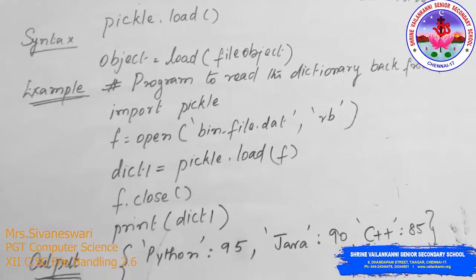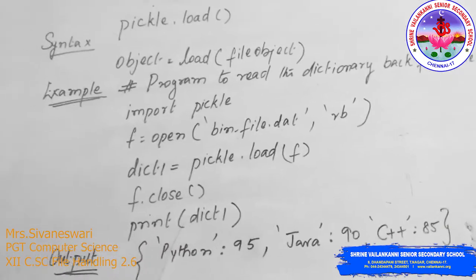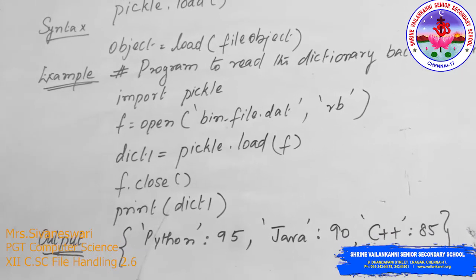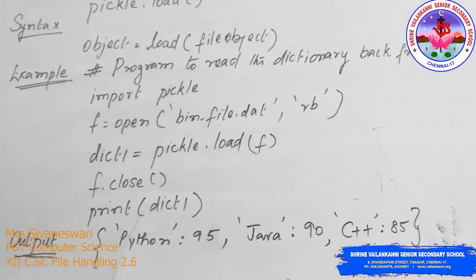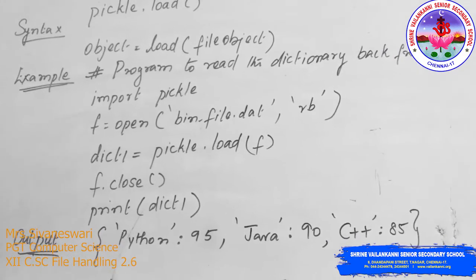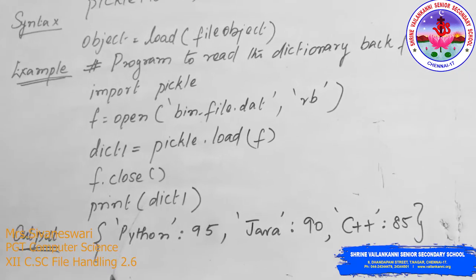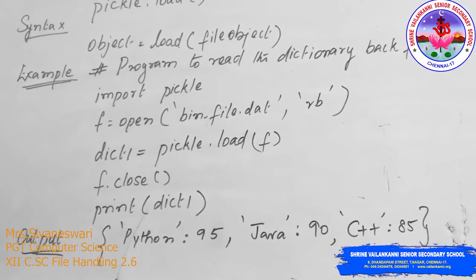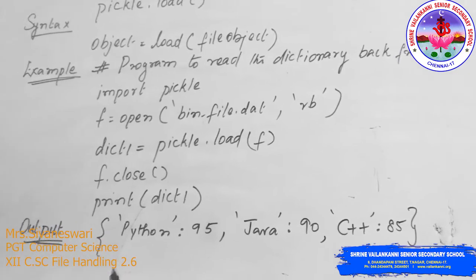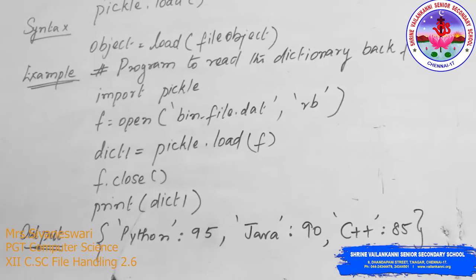Let's see an example. In this example, consider the previous example where we wrote a dictionary inside the file bin_file. Now we are going to read that data from the file. To read, we need to convert the binary format to the normal structure, that is a normal dictionary, and then it is printed.